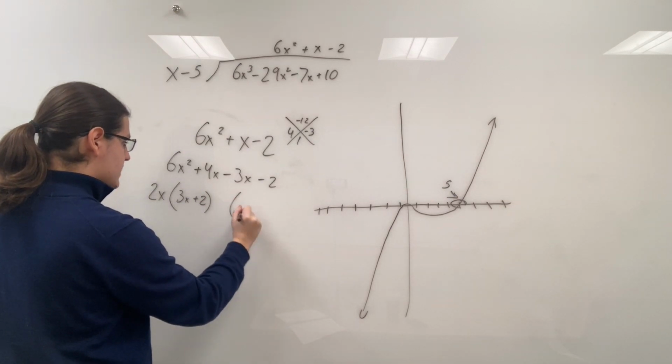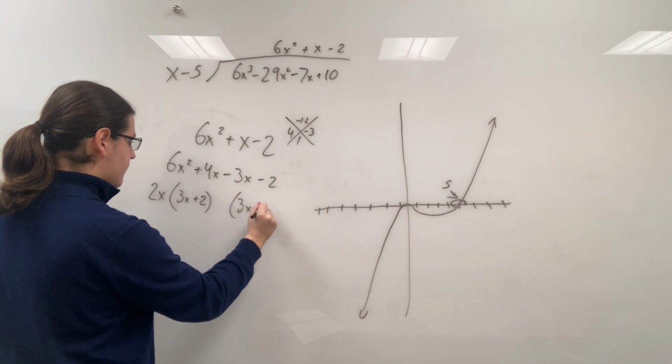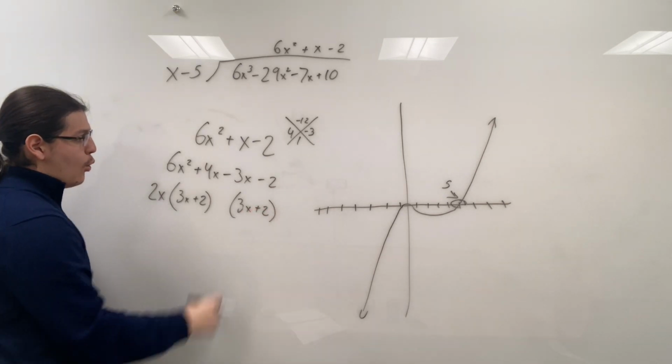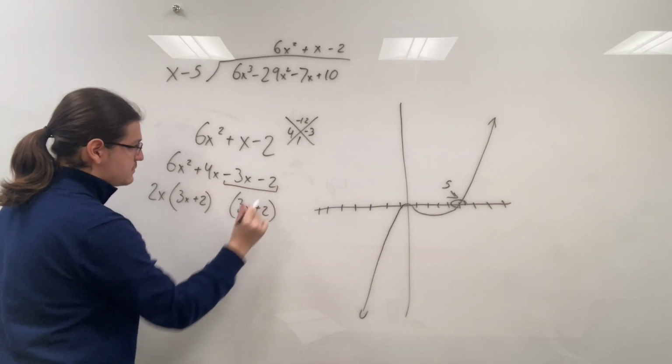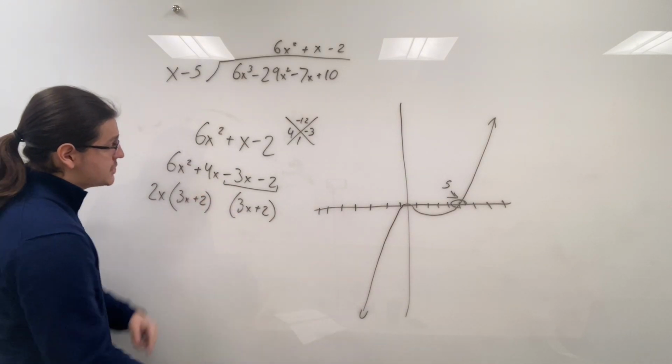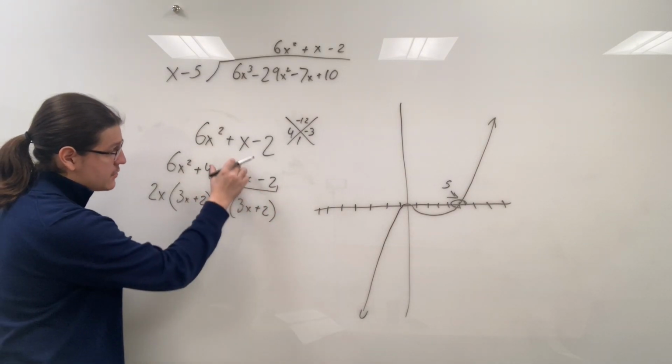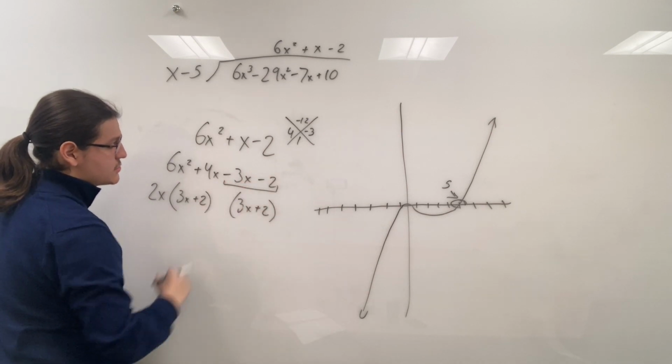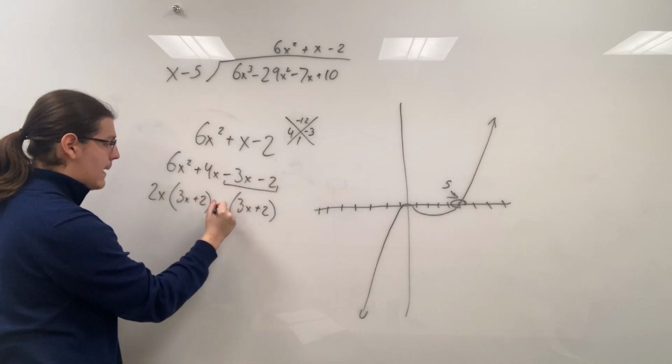Now I'm going to rewrite this down here. Now we have to ask, what can we take out of this space right here to make this right here? Well, that's just going to be a negative 1. We have the 3x and the 2, but there's minuses right next to them. So just take out a minus 1.